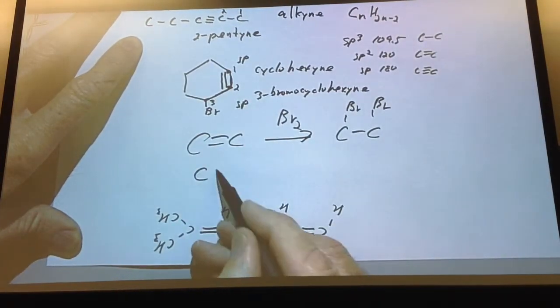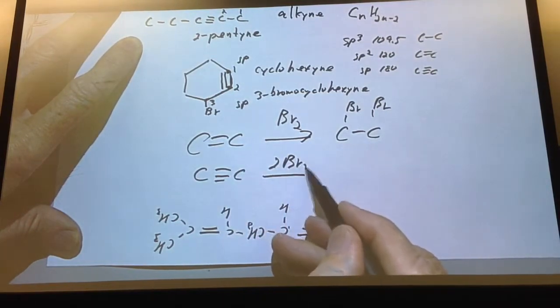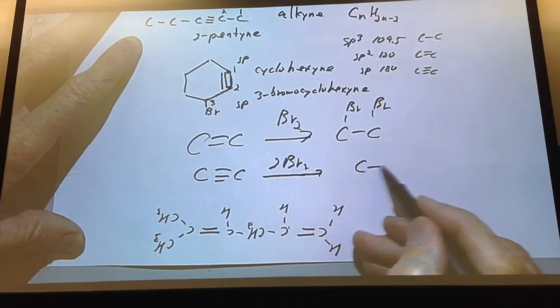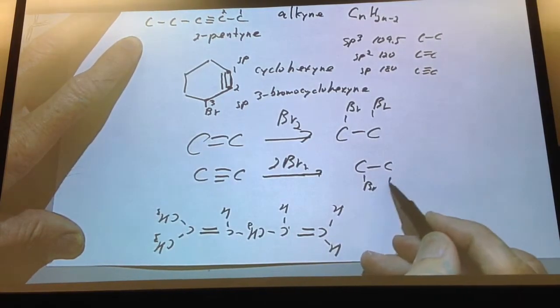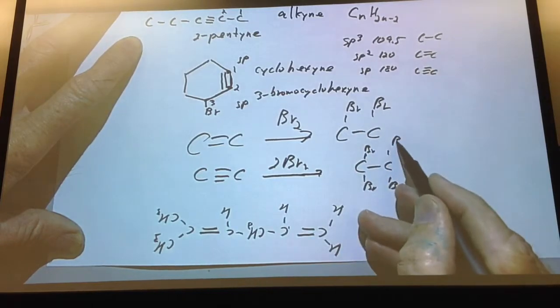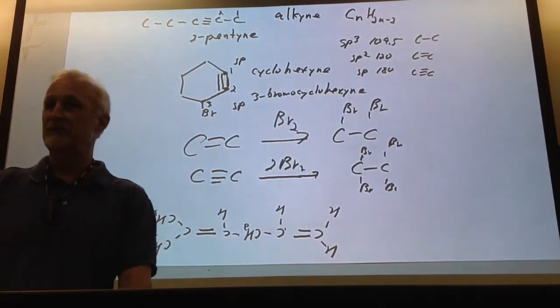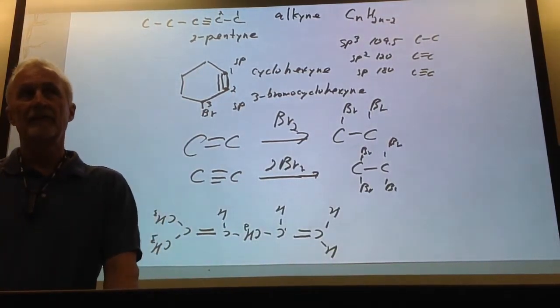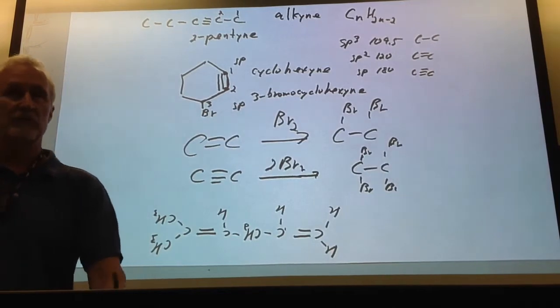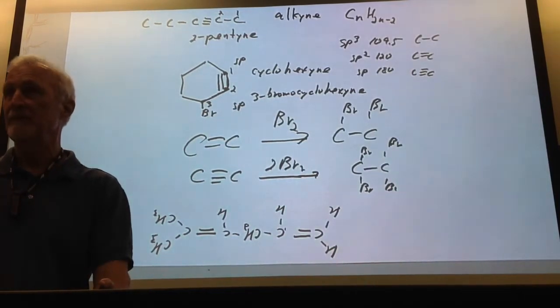But if you have a carbon-carbon triple bond, you have two pi bonds. So in most cases, but there are a few notable exceptions, you can add two moles across the triple bond. So alkynes undergo addition reactions just like alkenes. So this chapter will have some overlap, and it's not as long as the other chapters.